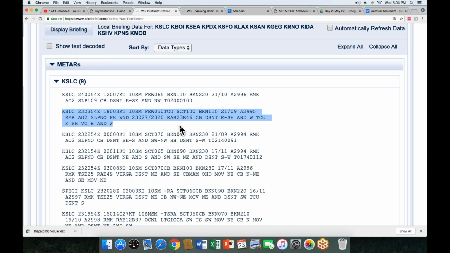And then it's got rain. REB. So that's at the very top in the first section.